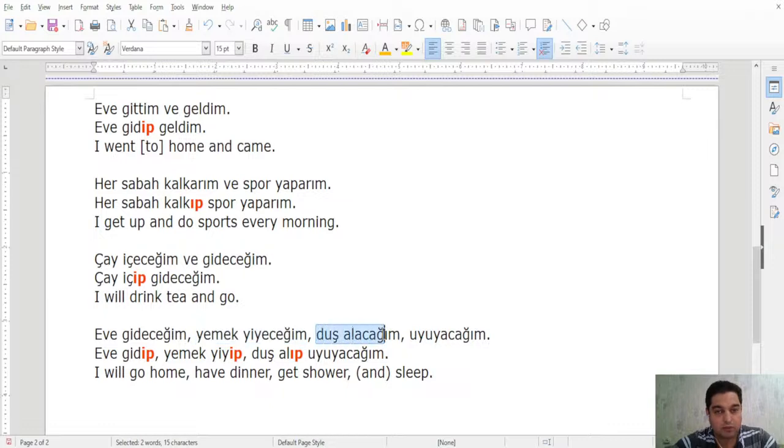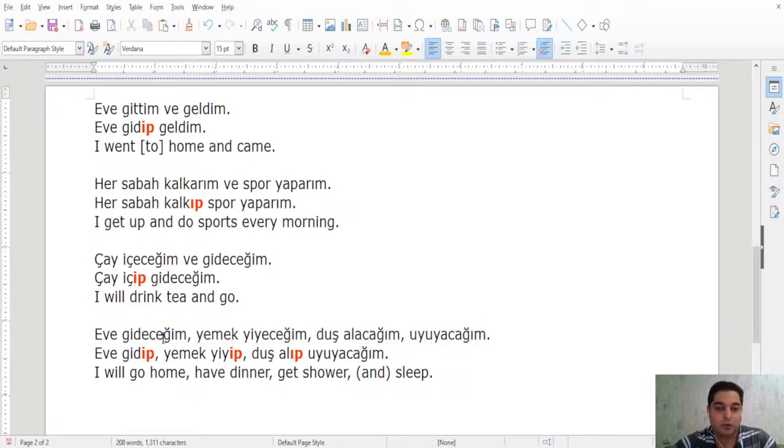Duş alacağım, I'll get a shower. And of course then I will sleep. So here and is omitted, but of course the English translation will be better if you use and, right? Not having this dry list of verbs one by one. So you complete in English with and, but in Turkish it is quite normal to have this without and.